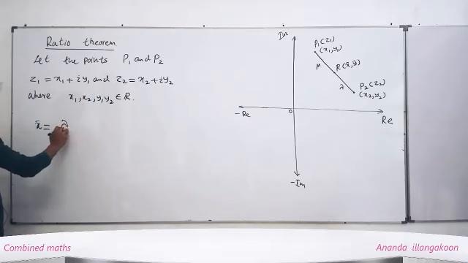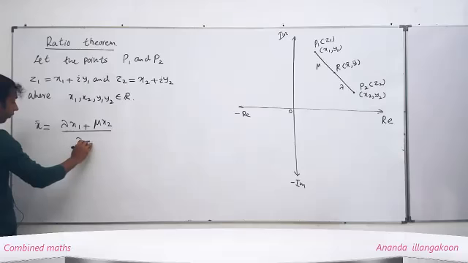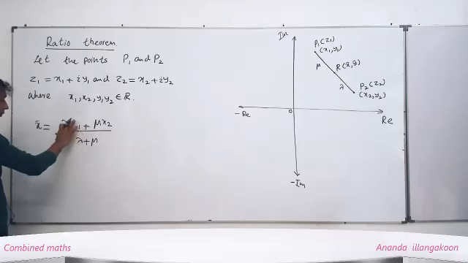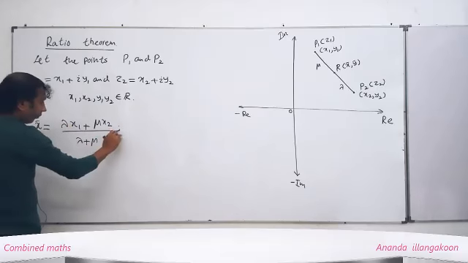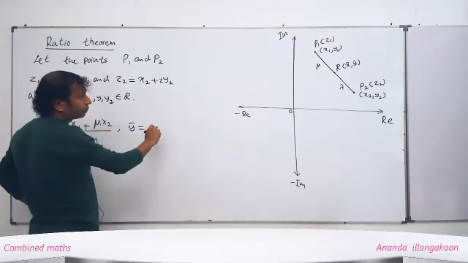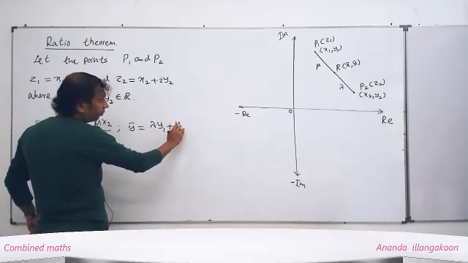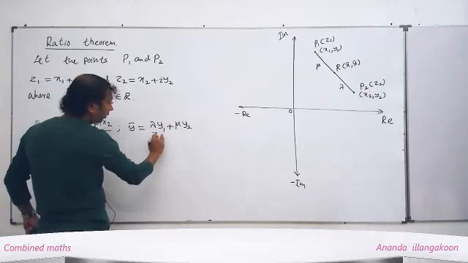Lambda times x1 plus mu times x2, divided by lambda plus mu. Y bar equals lambda times y1 plus mu times y2, divided by lambda plus mu.